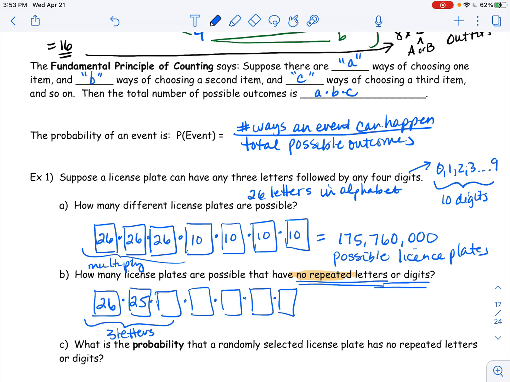And if we used another letter, you only have 24 remaining. So you can see how each of these is decreasing because we're not repeating. Same thing happens with the digits. The first option, we have 10, then 9, then 8, then 7. If we multiply these all together, we have 78,624,000 options.